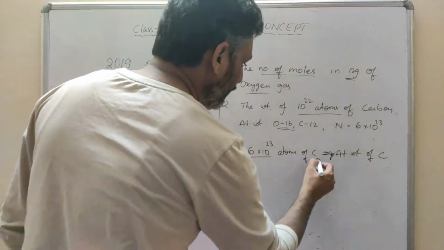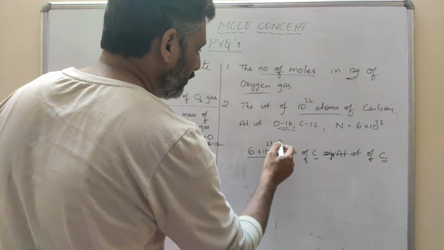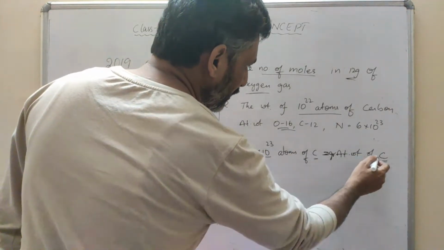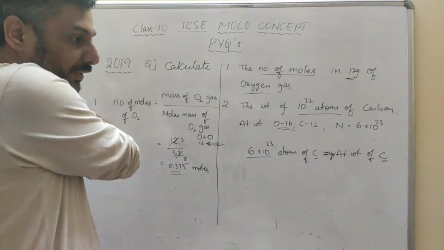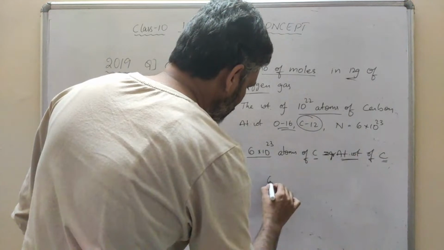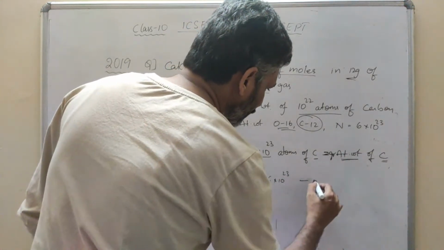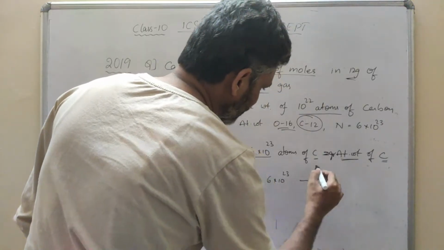So here we are taking carbon. What is the gram atomic weight of carbon? 12. So 6 into 10 power 23 atoms of carbon will have a weight of 12 grams.